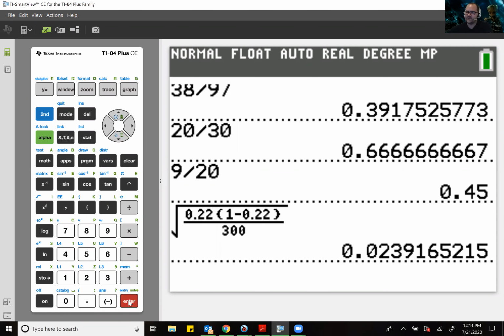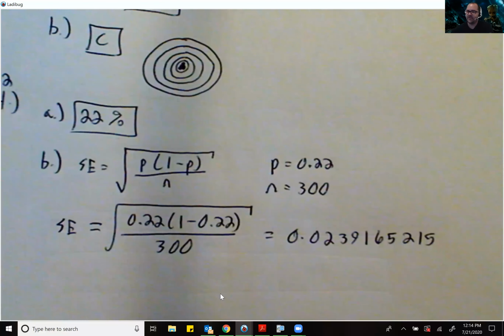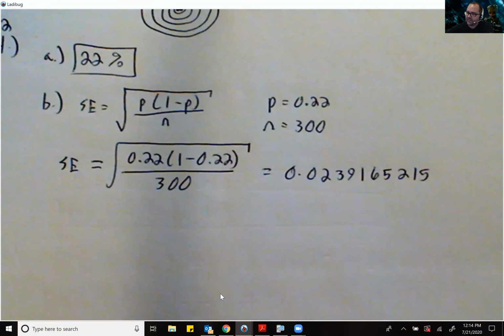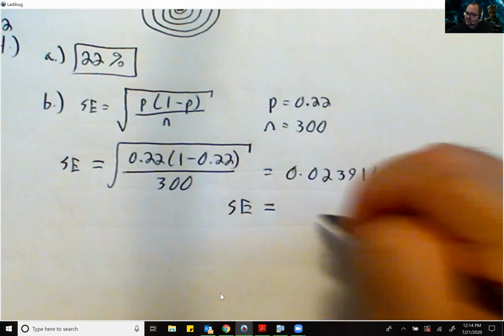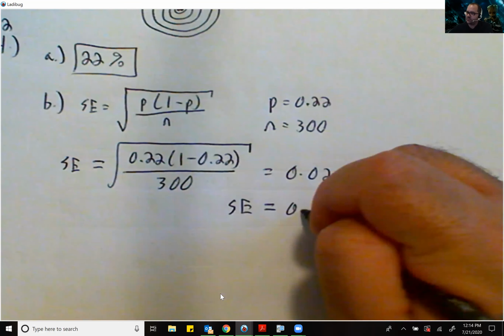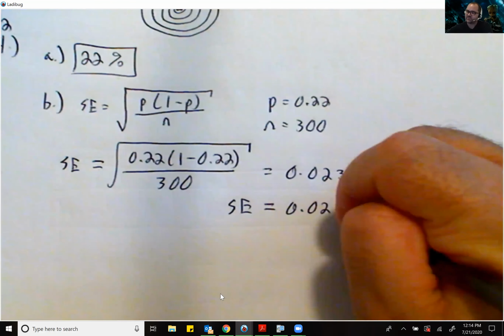So we got 0.0239165215, and it says to round to 3 decimal places. So 3 decimal places would be the standard error equaling 0.024. The 3 becomes a 4. There's our standard error.